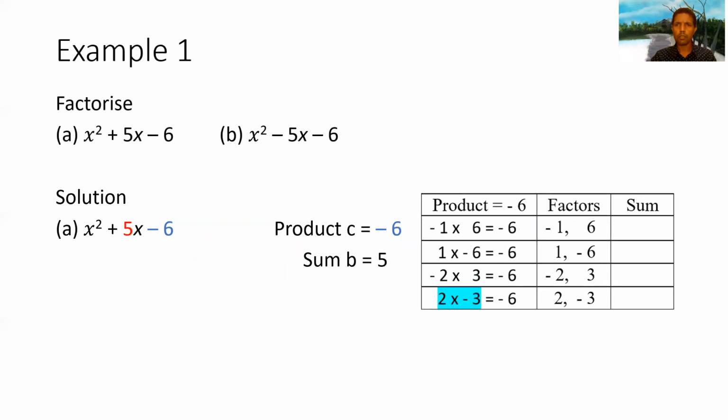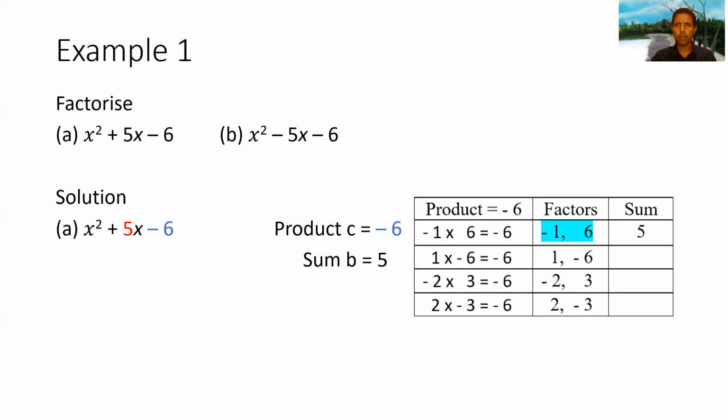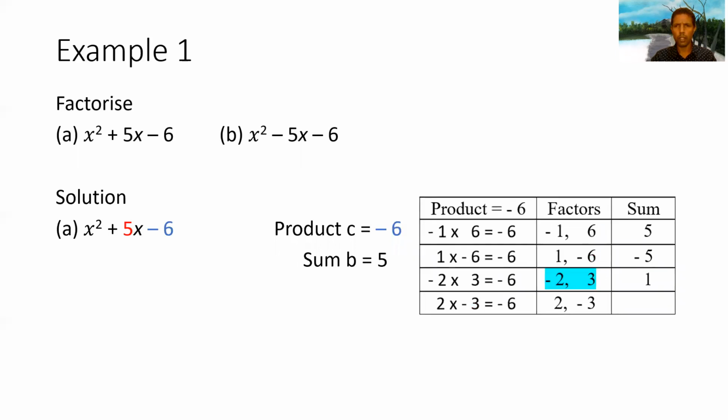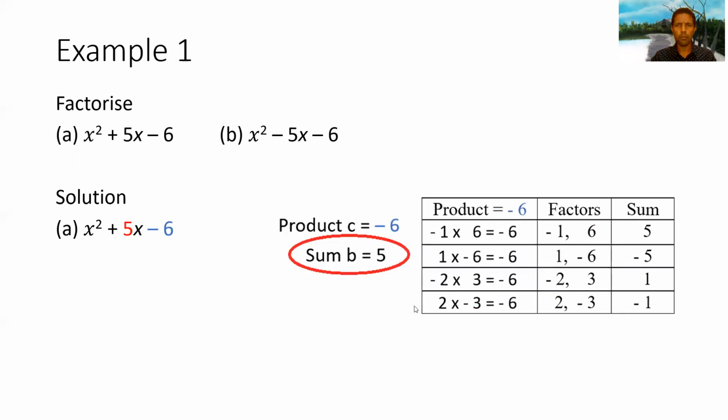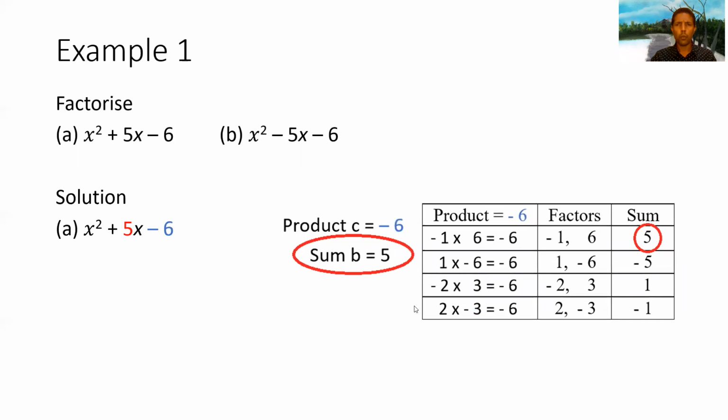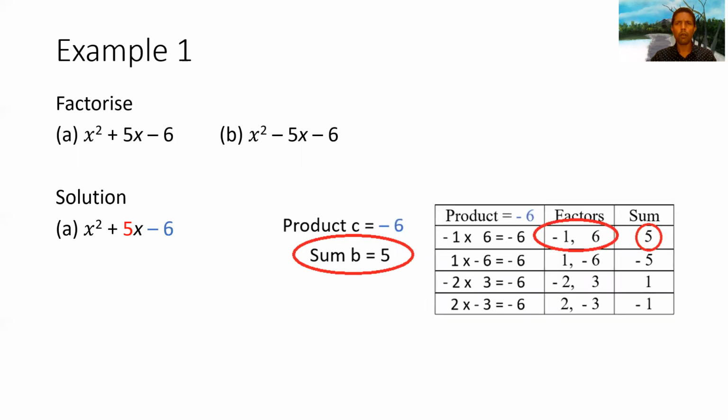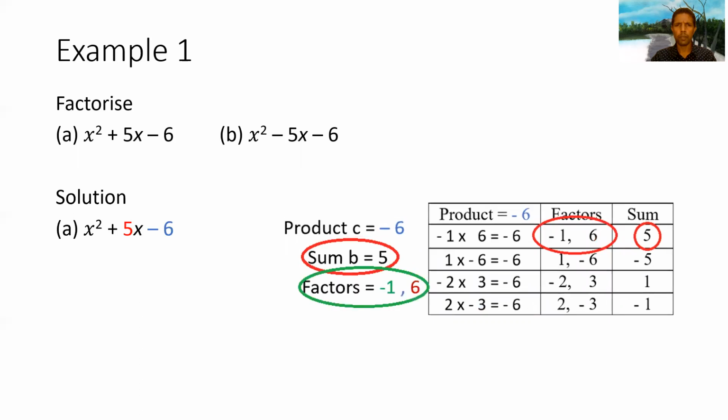So in the first case, negative 1 plus 6 is equal to 5. 1 plus negative 6 is equal to negative 5. Minus 2 plus 3 is equal to 1. And 2 plus negative 3 is equal to negative 1. So in the first case, the sum is 5. So the factors we're looking for are negative 1 and 6.